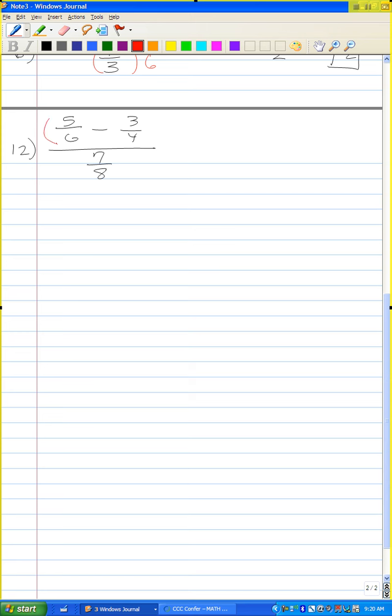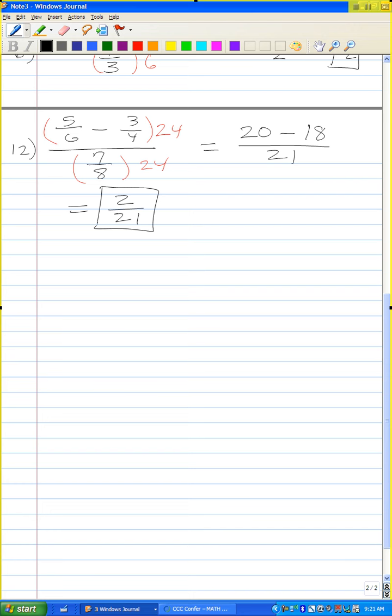So in this case, let me multiply and divide by the least common denominator, which in this case is 24. 24 divided by 6 is 4 times 5 is 20. 24 divided by 4 is 6 times 3 is 18. 24 divided by 8 is 3 times 7 is 21. 20 minus 18 is 2 over 21. And that is your answer.